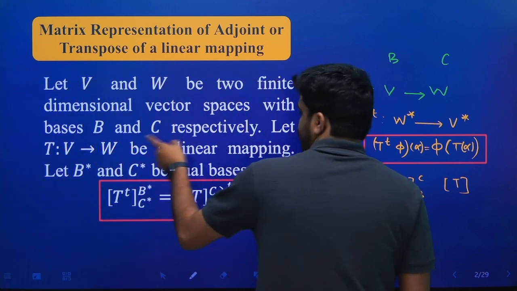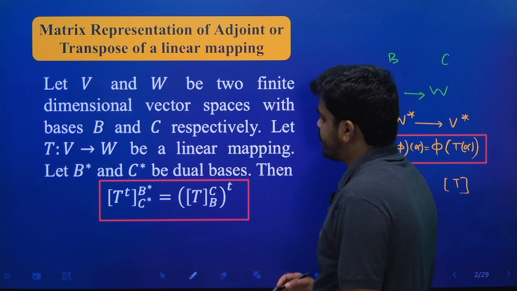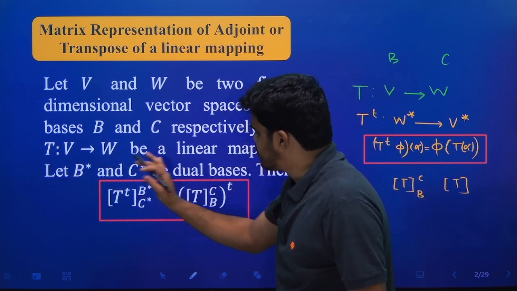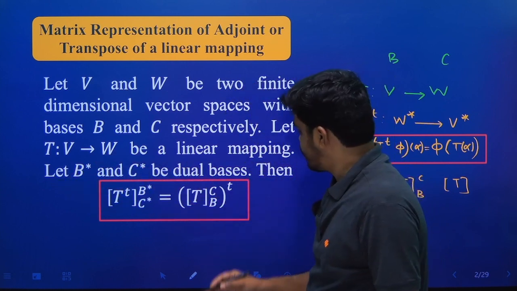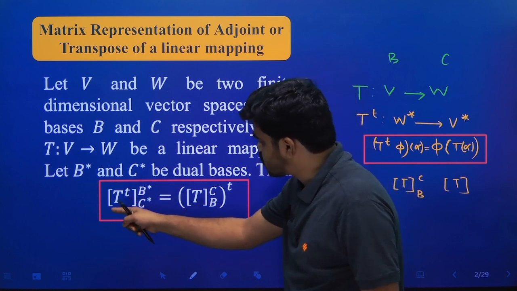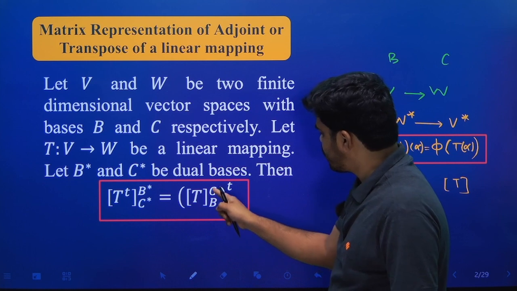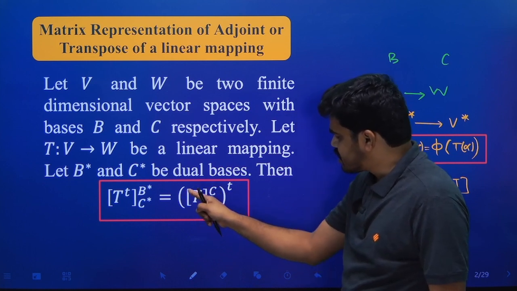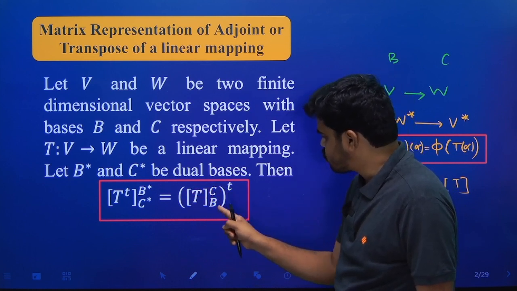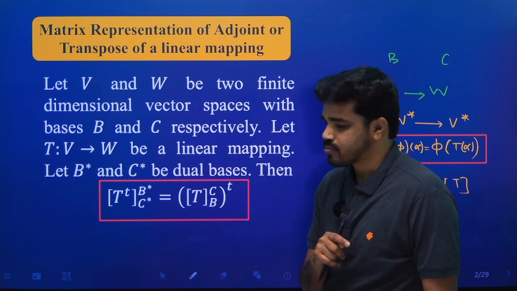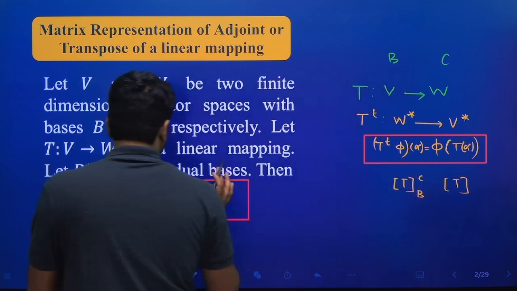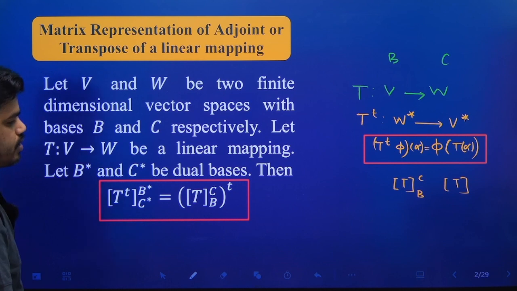Let T, a mapping from V to W, be a linear mapping. Let B star and C star be the dual bases. Then the matrix of T transpose from C star to B star equals the matrix representation of T from B to C, whole transpose. We just apply this result.